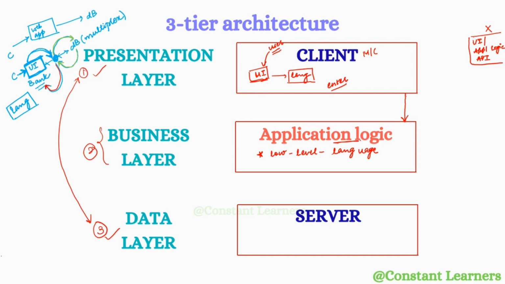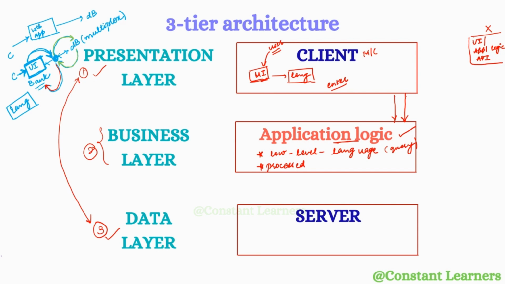So the application logic is converting the query that the user is entering in a format that the user understands into the form of a query in the low level language. All right, so the queries that we are receiving from the client layer are getting processed in the business layer, right?